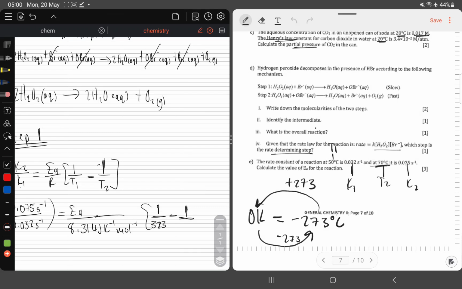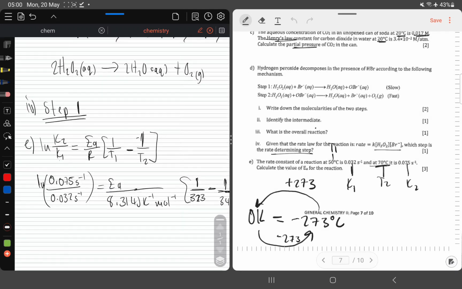So I'm going to say it gives me 343, sorry. It's going to give me 343. Let me just confirm. Here, 70, yes, 343. And I can say my units are 1 over kelvins.